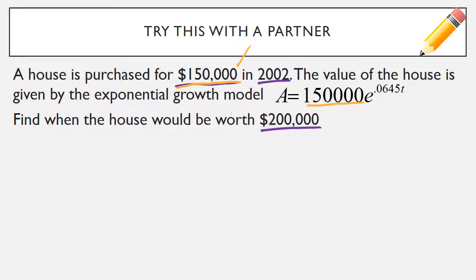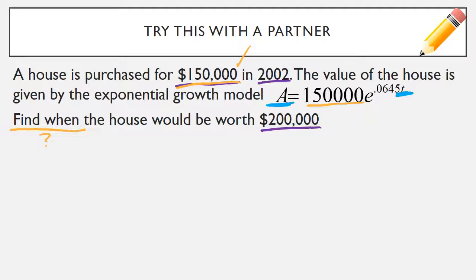Let's look at what variables I have. I don't know my A, I don't know t. e is a number, that is not a variable, that is our number. So the other number that I have is $20,000, but let's also identify our question. Find when. Find when implies I'm trying to find time, a year, a date.